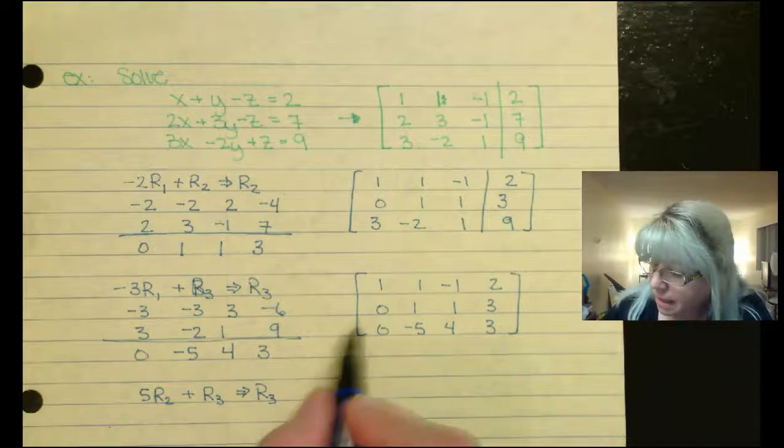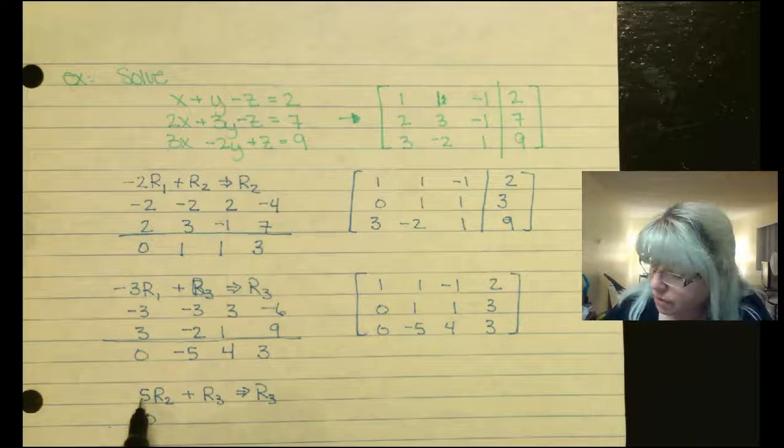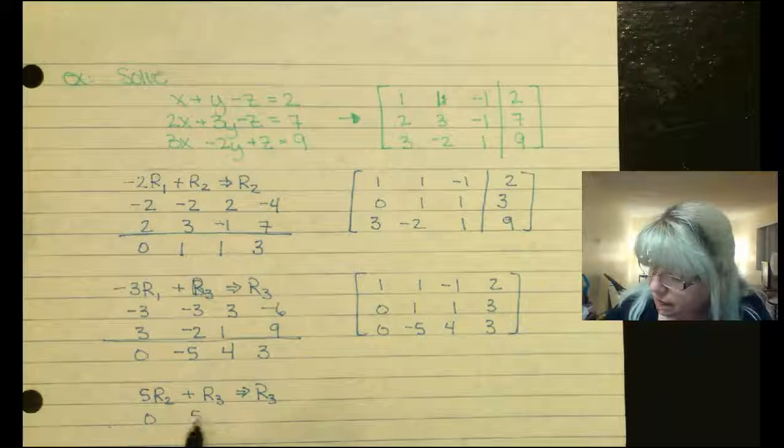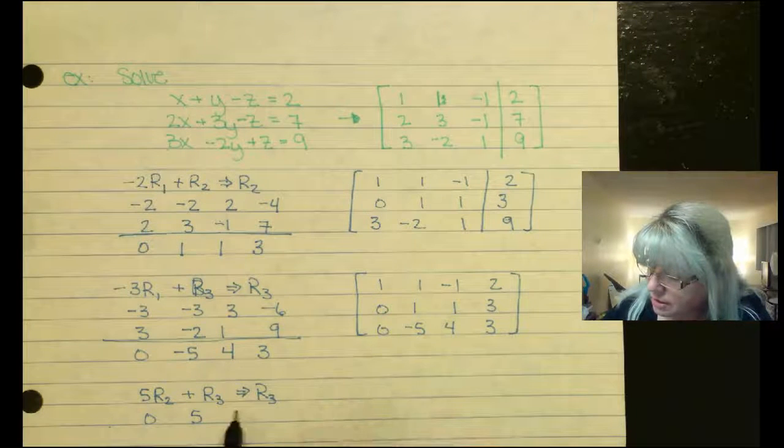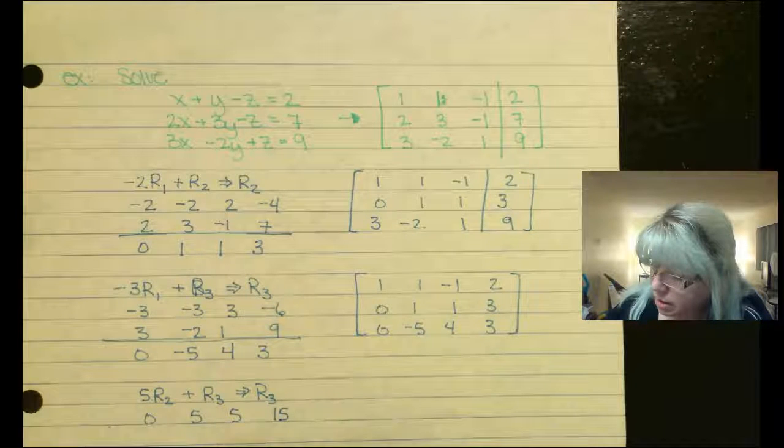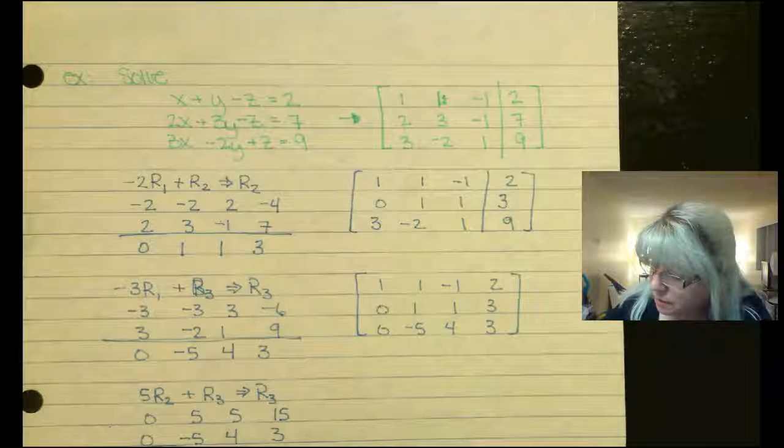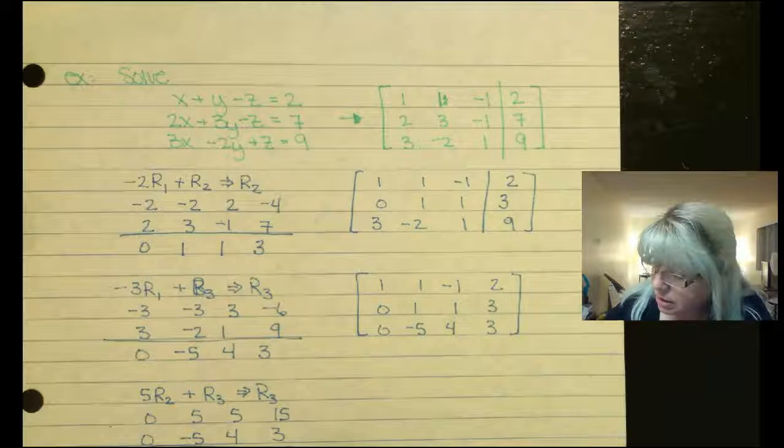All right. 0 times 5 is 0. 5 times 1 is 5. 5 times 1 is 5. And 5 times 3 is 15. Add it to row 3. 0, negative 5, 4, and 3 gives me 0, 0, 9, and 18.